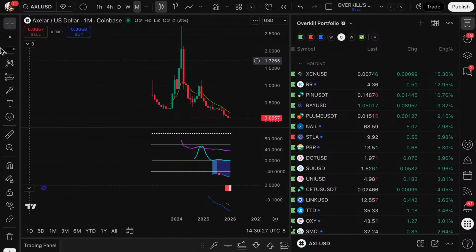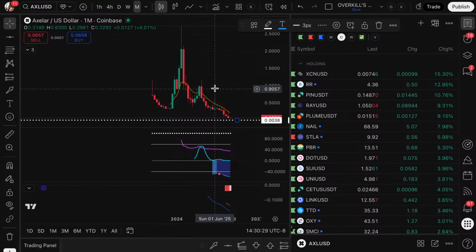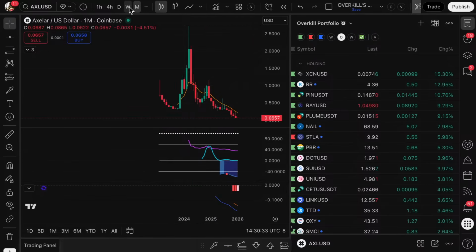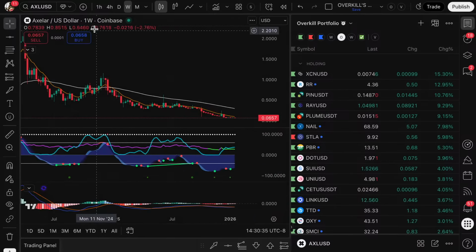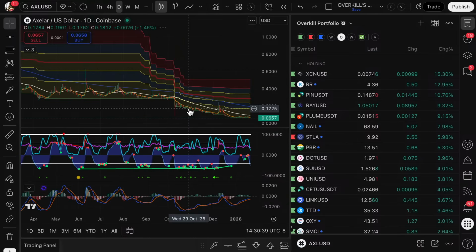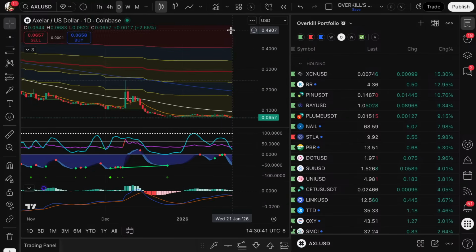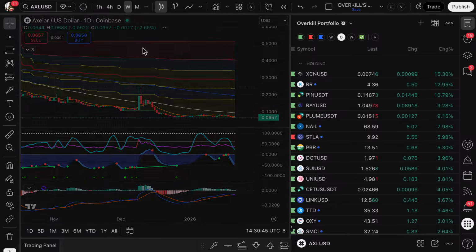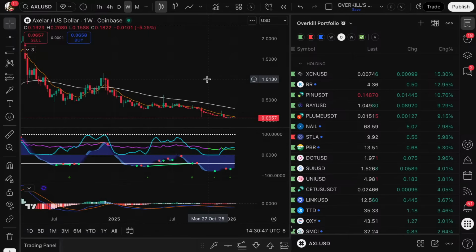So if this thing's gonna reverse, if it goes down to 2 cents, I'd probably buy Axel. But I'm looking for the monthly, or I mean it already has the weekly. So I don't know why it's getting rug pulled, but target is still 40 to 50 if you believe in it down here at 6. If it goes down to 3 cents, you could always double your position.